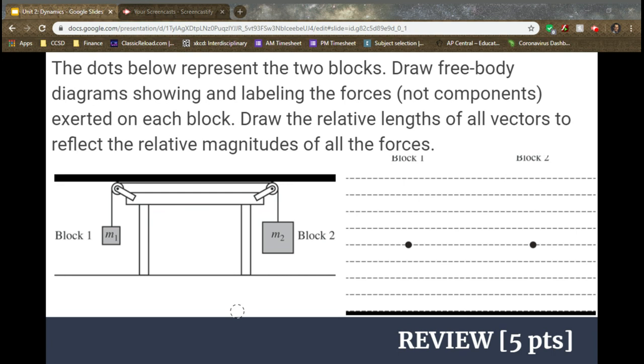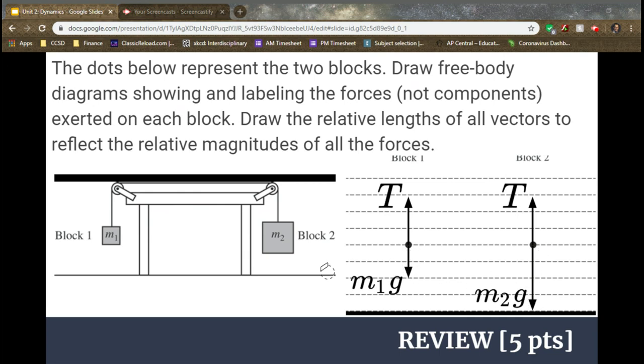Okay, here we go. So notice the tension is the same for block 1 and block 2, so those arrows are of equal magnitude. If you recall, we said that mass 2 was greater than mass 1, which means that the force of gravity on mass 2 is greater than the force of gravity on mass 1. This arrow is bigger than this one.